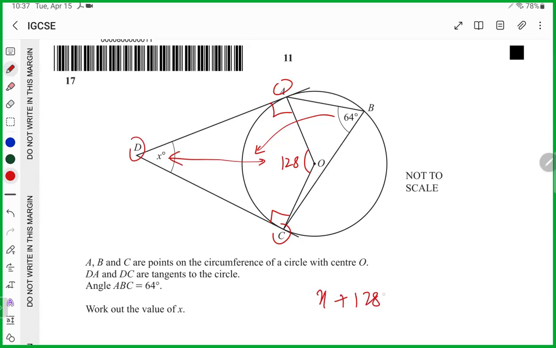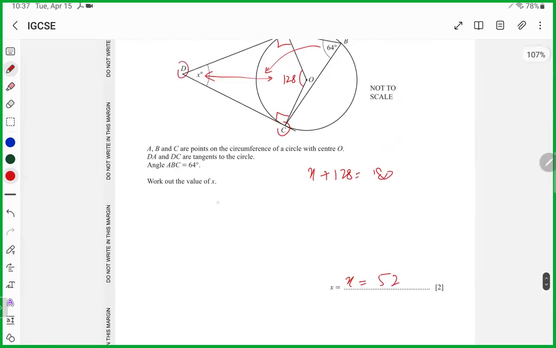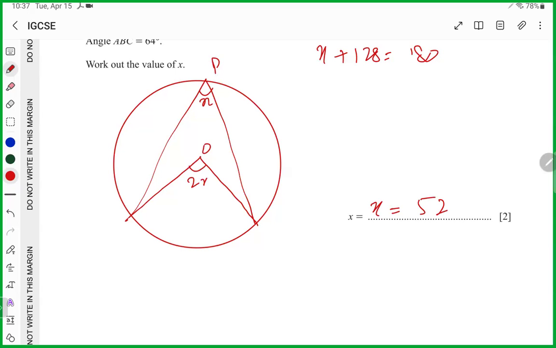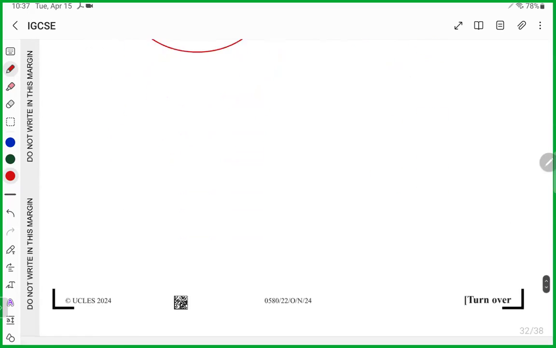So x plus 128 is equal to 180, so x is going to be 180 minus 128, which is 52. We're using the first property we have learned in circles, geometric properties of circles. So if this is x, this is 2x. Done?